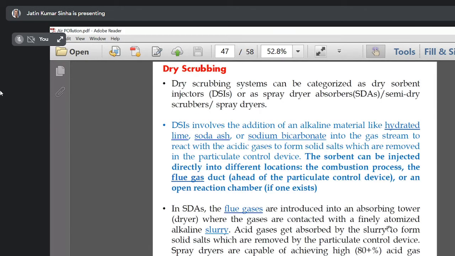Yeah. So these are the methods that we use to tackle air pollution. Nowadays, it's very common in the home environment. Also, you see all these air purifiers. The mechanism of these air purifiers is also based on this concept.